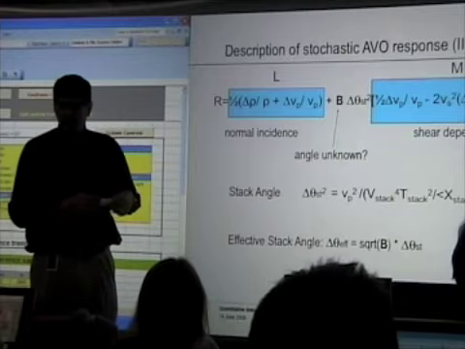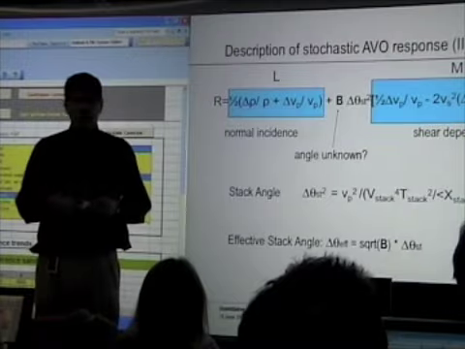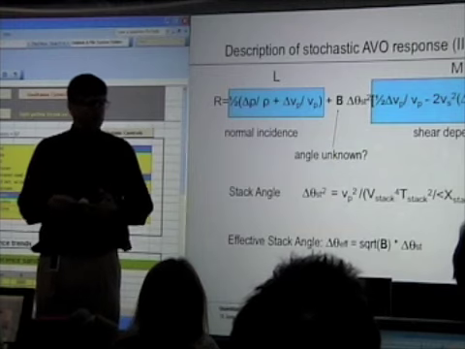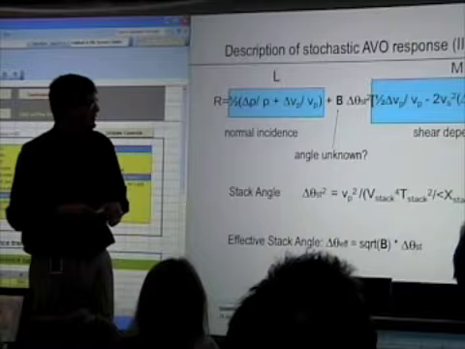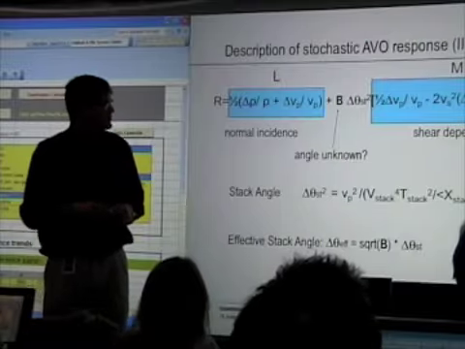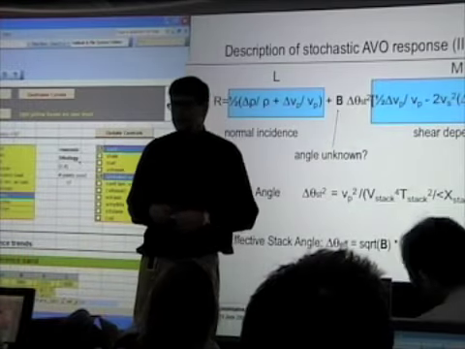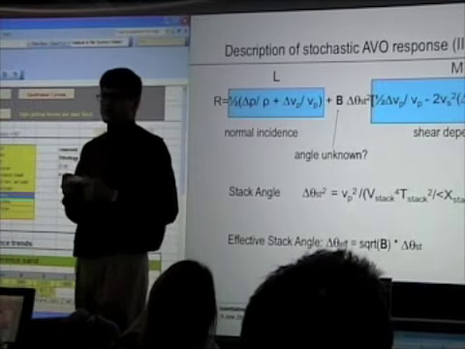It is a linear approximation in the contrast in the change in VP, VS, and density across the interface. It also only has the leading order dependency in angle of incidence.